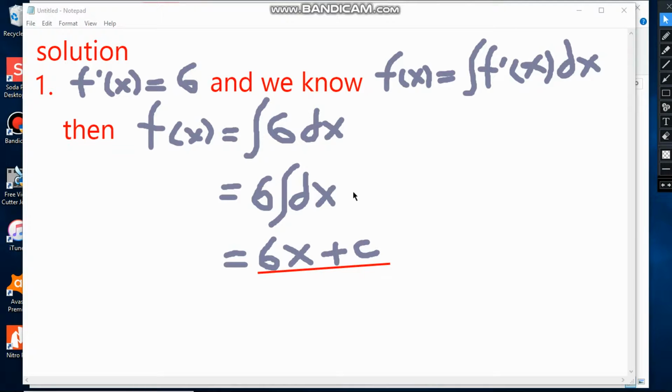So to be safe, we must place a value c to represent a constant. Okay, I talked too much about this in class number 1, so I hope you understood in that class.